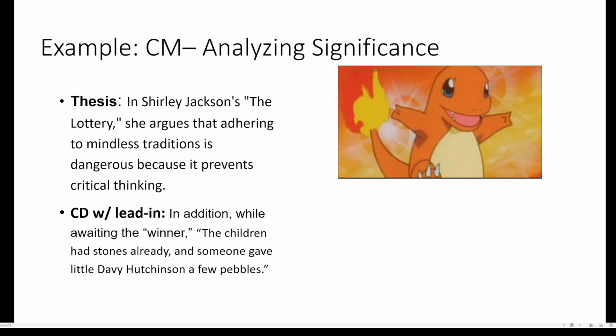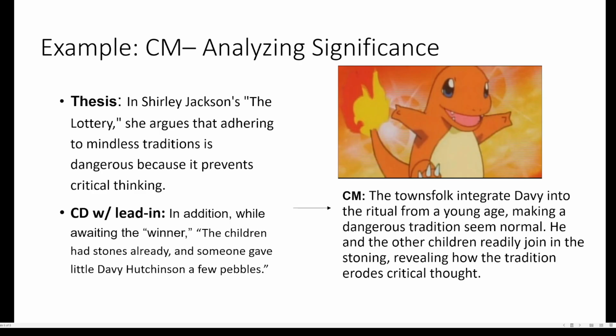Okay? What is it about this that makes it relevant to our thesis? Well, good commentary will explain that. So the townsfolk integrate Davy into the ritual from a young age, making this dangerous tradition seem normal. He and the other children readily join in the stoning, revealing how the tradition erodes critical thought. So we are doing the explanation for why it matters that there is a kid here, right?